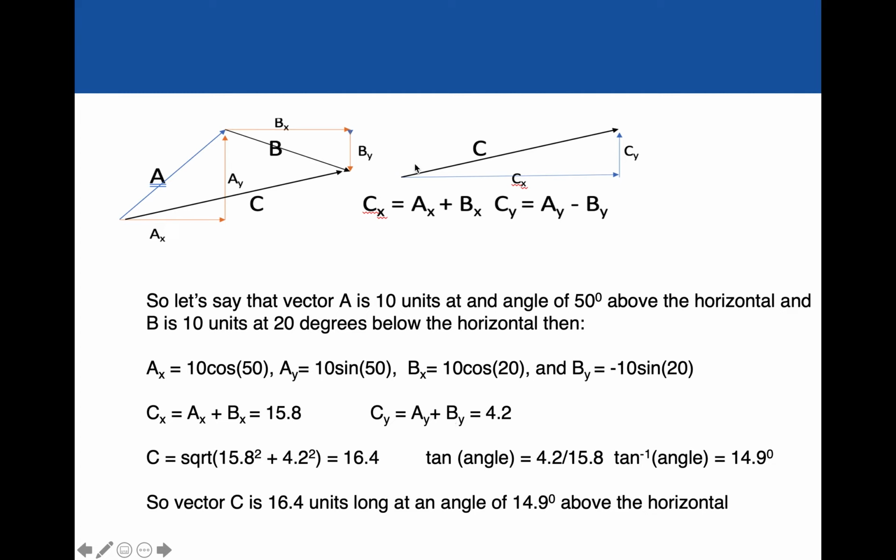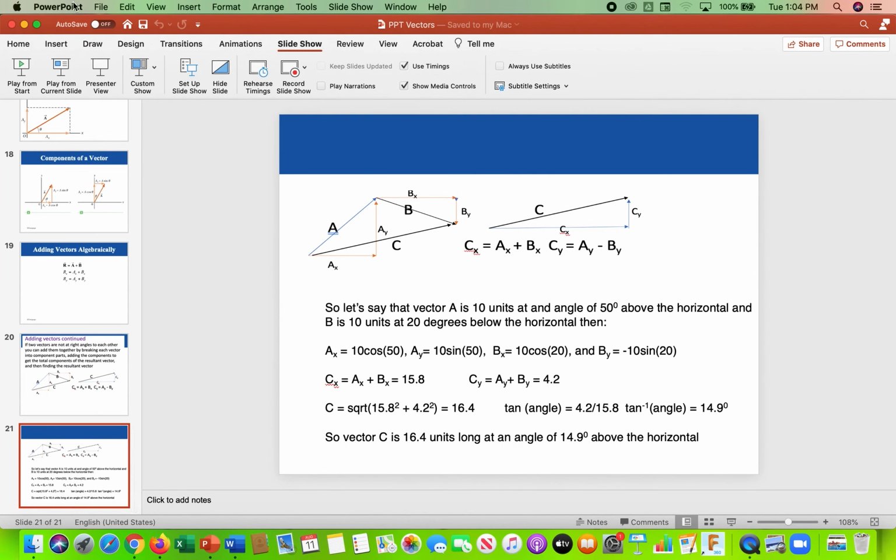So the resultant vector is 15.8 this way, 4.2 that way, and I can then get the length of the vector by using the Pythagorean theorem, which is 16.4, and the angle using the tangent, which is cy over cx, and that's going to be 14.9 degrees. So vector C is 16.4 units long, at an angle of 14.9 degrees above the horizontal. All righty, that is that.